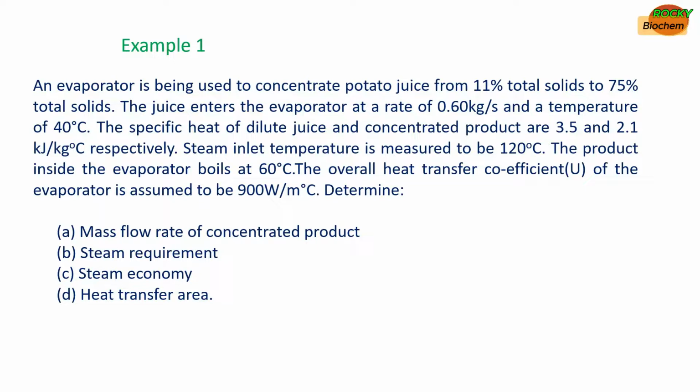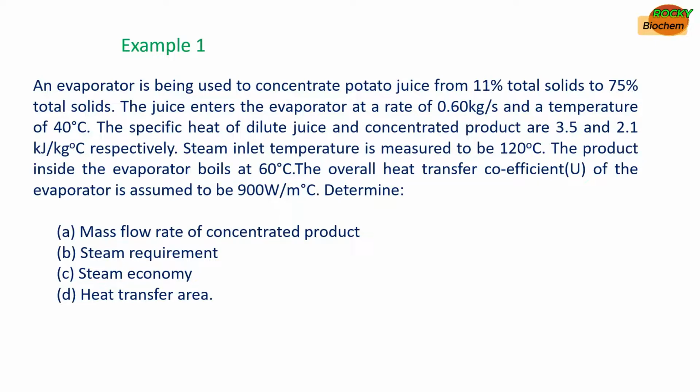Steam inlet temperature is measured to be 120 degrees Celsius. The product inside the evaporator boils at 60 degrees Celsius. The overall heat transfer coefficient U of the evaporator is assumed to be 900 watts per meter squared degree Celsius. Determine A, the mass flow rate of concentrated product, steam requirements, steam economy, and then the heat transfer area.